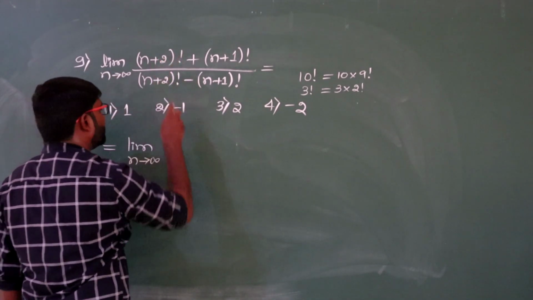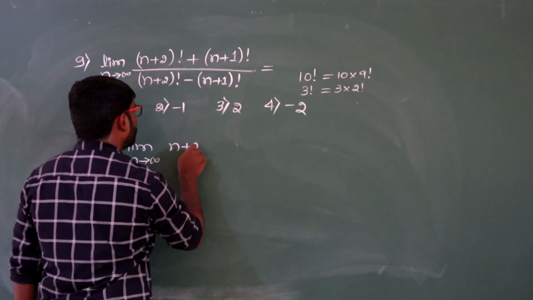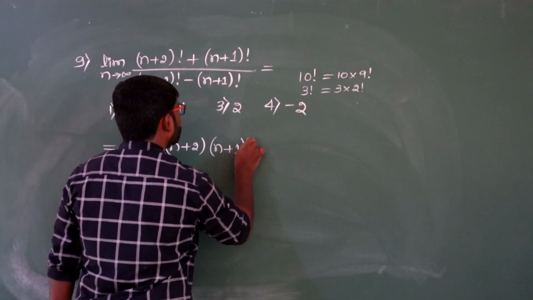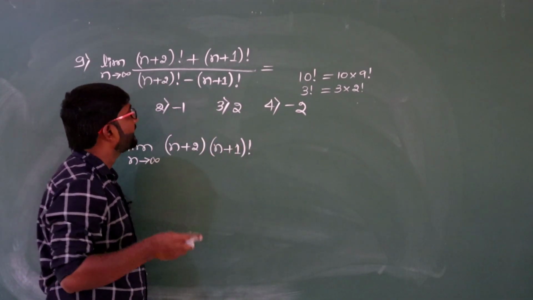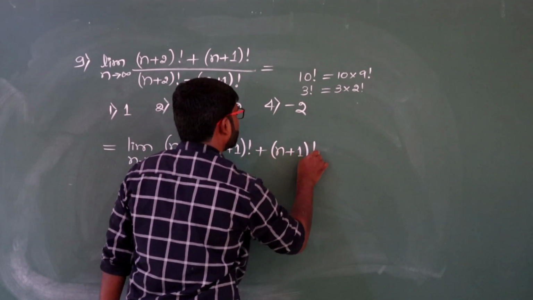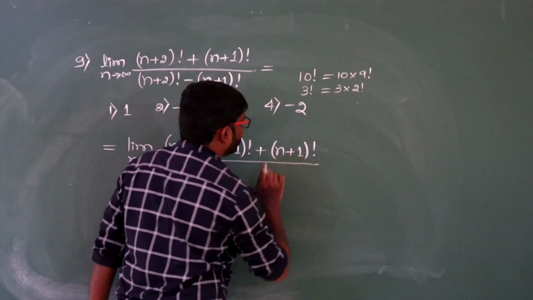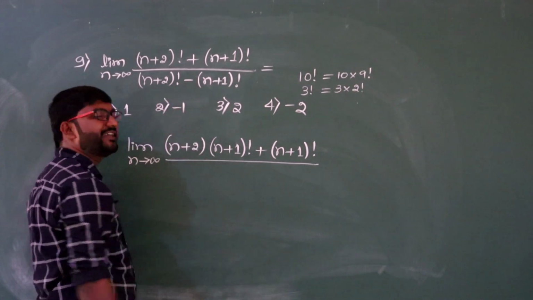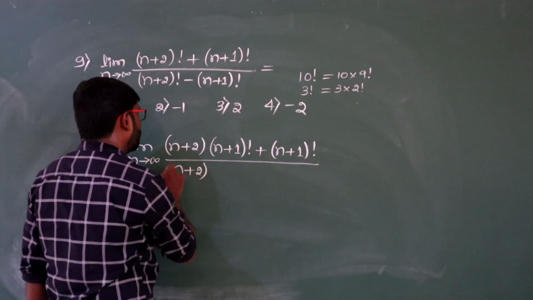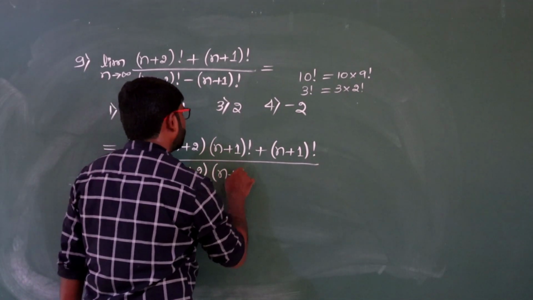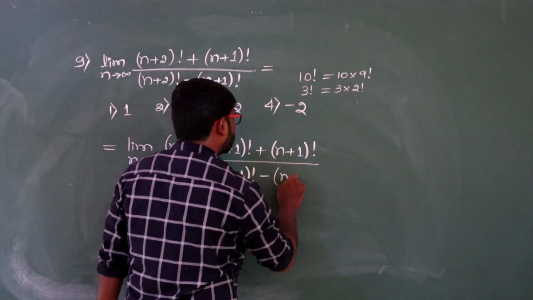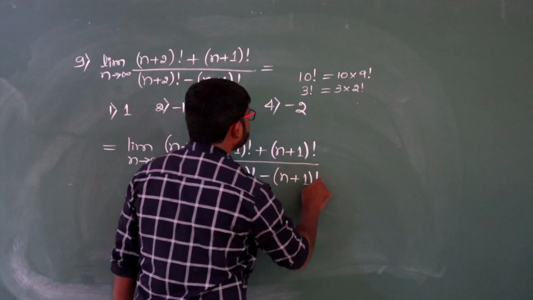Similarly, n plus 2 factorial can be written as n plus 2 into n plus 1 factorial, plus n plus 1 factorial, divided by again n plus 2 factorial can be written as n plus 2 into n plus 1 factorial, then minus n plus 1 factorial as it is.